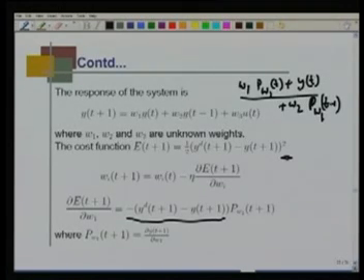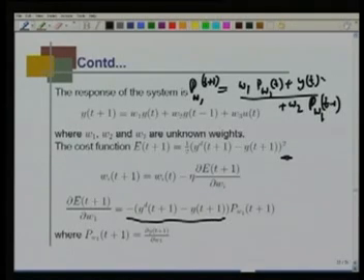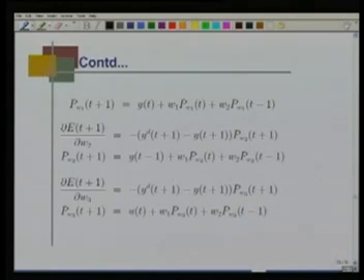So, this is what you get if you differentiate with respect to W1, that is p_W1(t+1). This is the same thing, y(t), W1 p_W1(t), W2 p_W1(t-1), which we showed here. Similarly, we can find p_W2 and p_W3, because I have how many weights? 3 weights. So, we will have 3 gradient information p_W1, p_W2, p_W3.